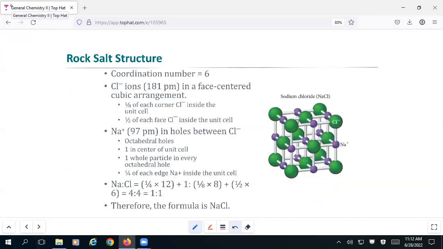For rock salt, so sodium chloride, our coordination number here is 6. So it is not nearly as stable as the cesium chloride is, even though it is smaller. But because it is smaller, notice what we can get out of this cubic arrangement. The chlorides are actually arranged in a face-centered cubic orientation.